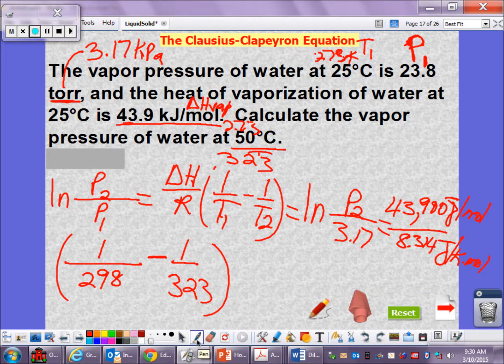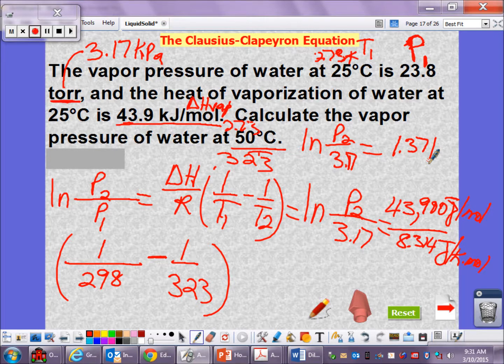So if you say this is the right side, let's write natural log of P2 over 3.17 equals, what is the right side? 1.371. Is that right? Okay, so let's go with 1.371.